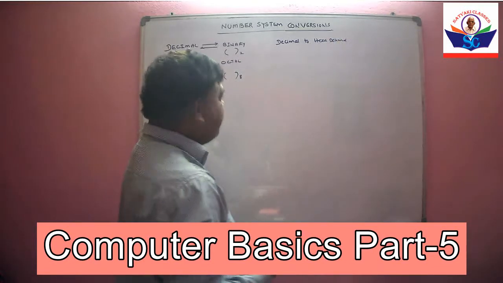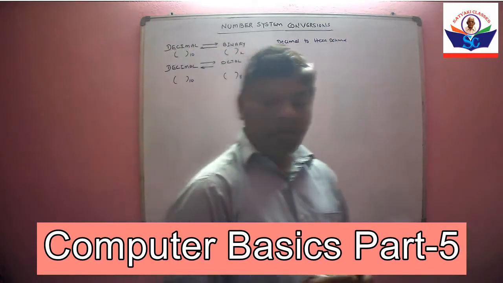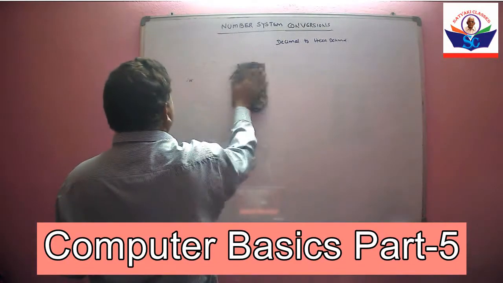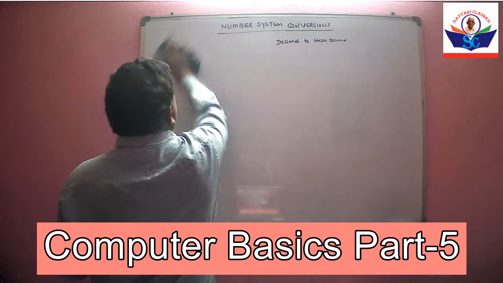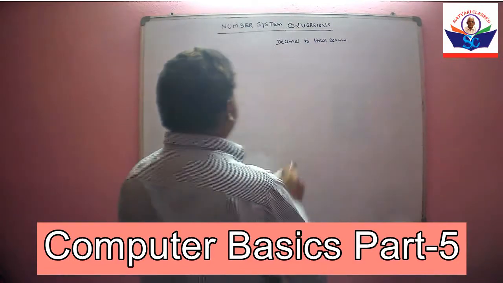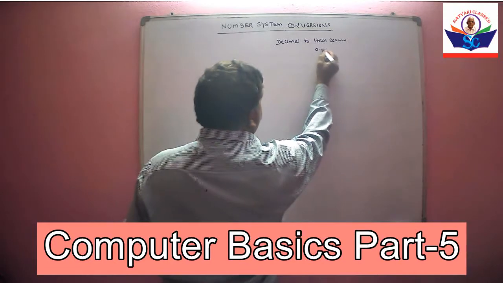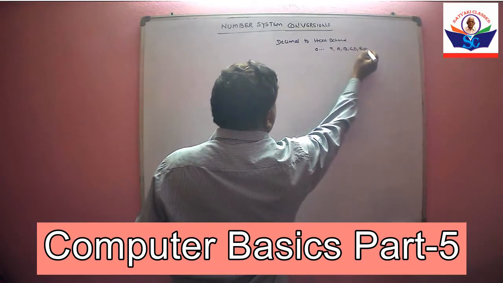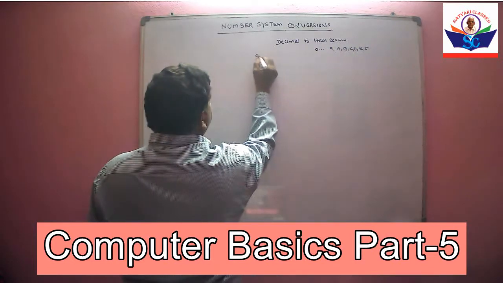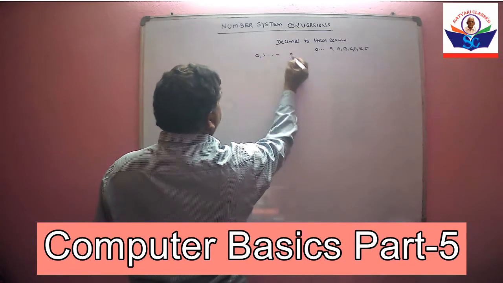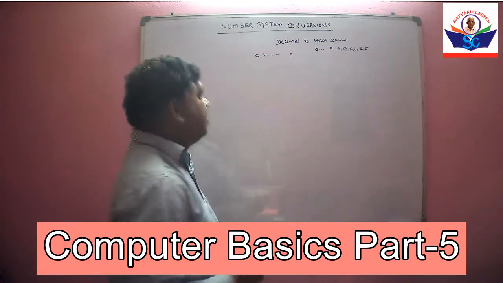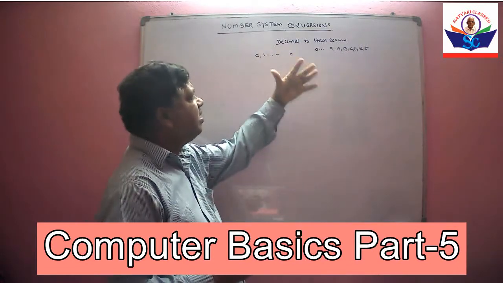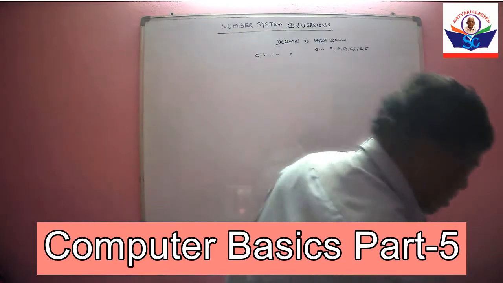In decimal numbers, we have 10 digits, 0, 1, 2 up to 9, and in hexadecimal numbers, we have 16 digits ranging from 0 to 9, A, B, C, D, E, F. The base or radix in decimal numbers is 10, whereas the base or radix in hexadecimal numbers is 16.